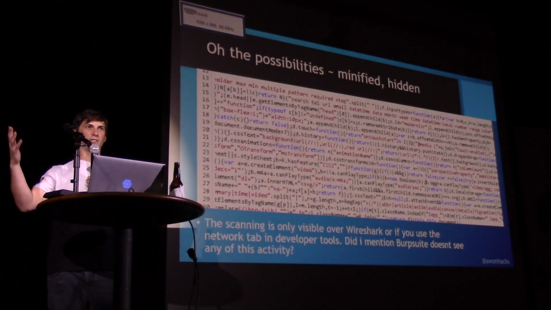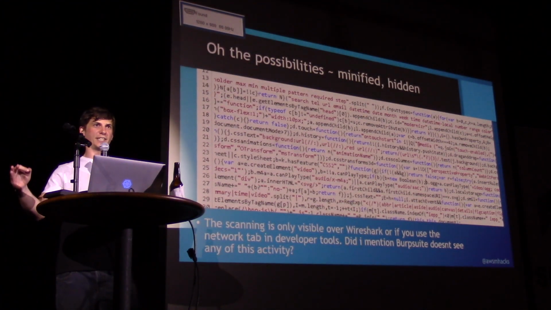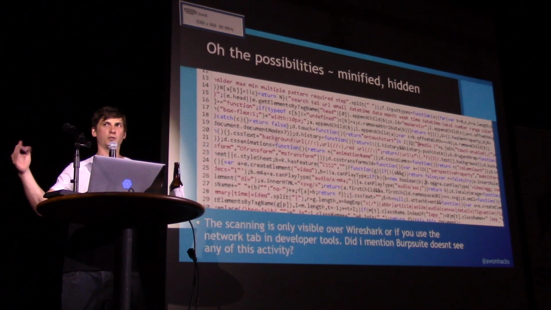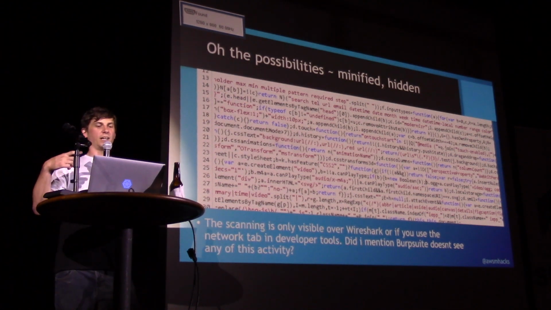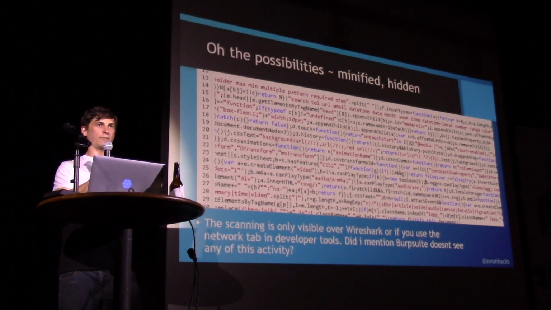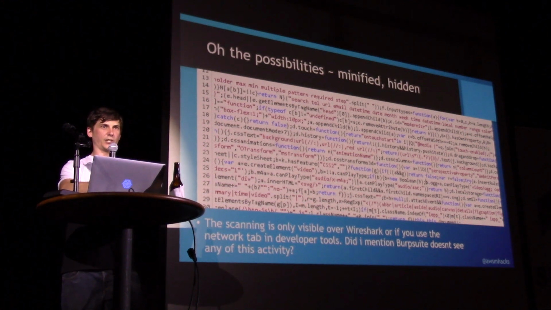So if you've ever read minified JavaScript, you see these in web pages all the time. They're trying to save space on the resources they load. You're not going to have an easy time finding out that I've got exploit code in there that's scanning the network and sending exploits.